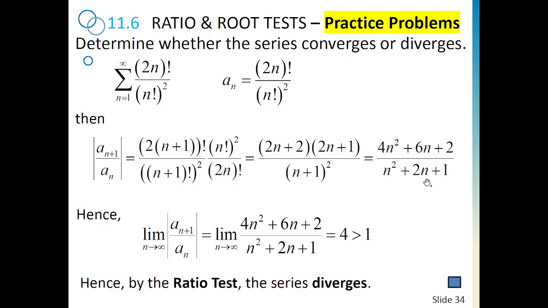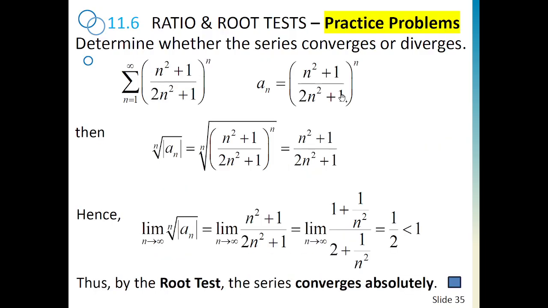So essentially now we have a ratio of 2 polynomials, we compute the limit, it is 4 in this case, so by the ratio test the series is divergent. By the way, don't even think about the root test in this situation because there's nothing calling for it. We have factorials. As soon as you have factorials, the ratio test is the best option.